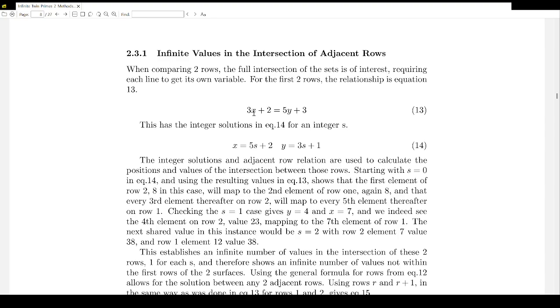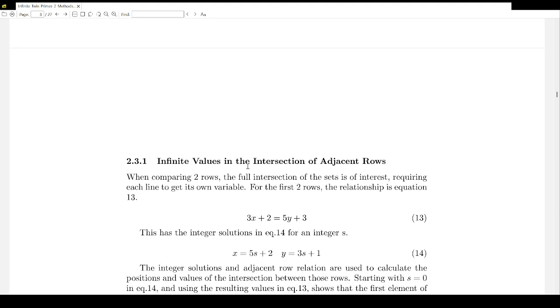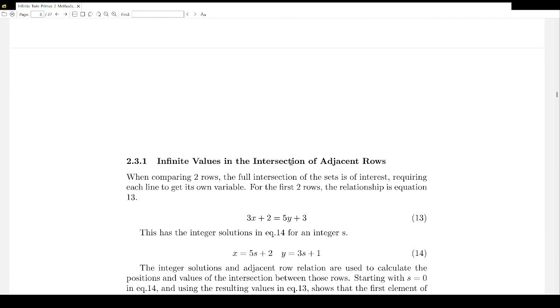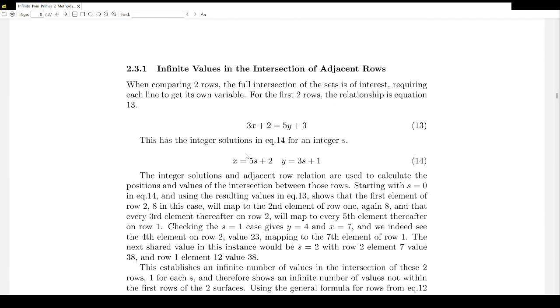But then when we plug 7 into here, we get 23. And remember, 23 was one of our values that showed up in both of these lines. So that's what we're starting to do here. We're making the generating function, or the integer solutions, for this whole set here. Okay, great.